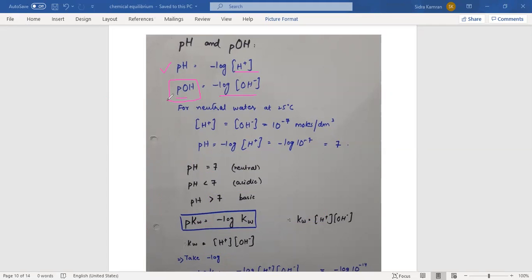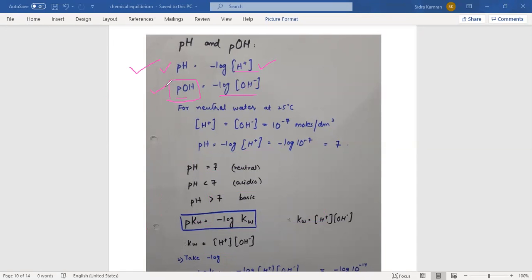Is the acid strong, is the acid weak, or is the base strong, or is the base weak. So if the solution is acidic, we calculate the pH. If the solution is basic, we calculate the pOH, but not exactly.